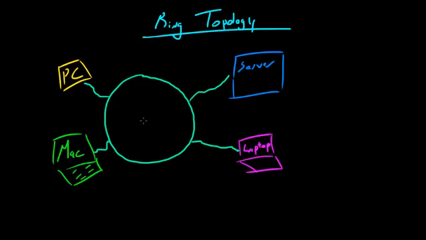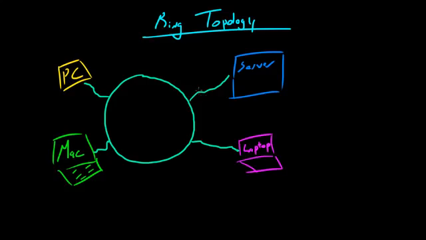And obviously if you were to put it in your house, it wouldn't be in the shape of a perfect circle, but if you step back and look at the diagram, it will look like all your devices are connected to a basic ring system. So first of all, we notice that there are no terminators. Why is that? Well, it doesn't have a logical beginning and end, just like a circle, so you don't need anywhere to terminate it. So that's why it's better than a bus topology.